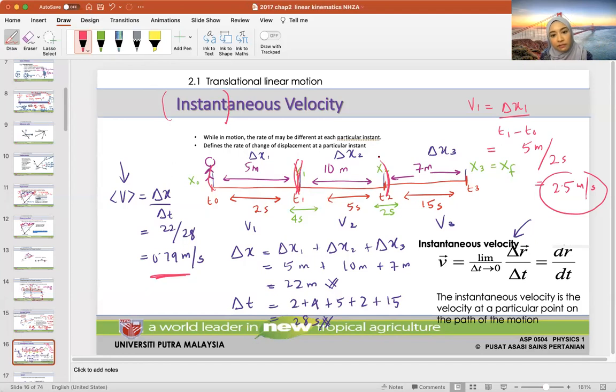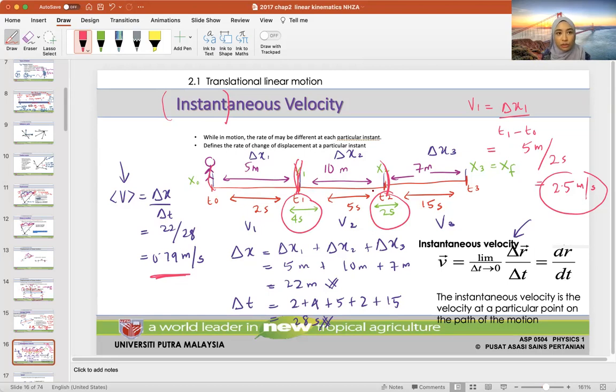10 divided by 5 is 2 meter per second. And then 7 divided by 15 dapat, tak tahu, 0.48 something. So now kita tengok this time over here dah tak terkira. It's not calculated into the velocity anymore, instantaneous velocity.